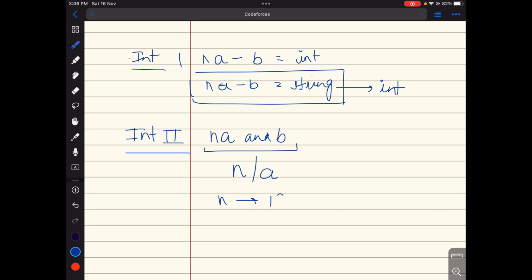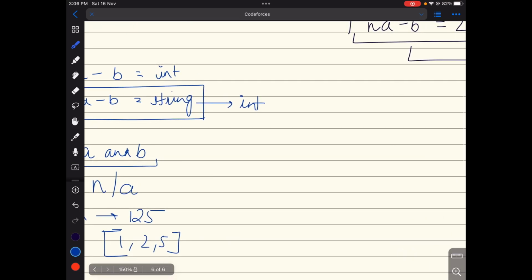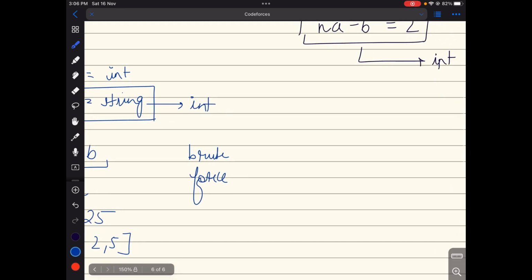So suppose if n is 125, we need to split it into 1, 2 and 5. And the rest of the thing is a brute force approach which we need to do to evaluate the test cases.